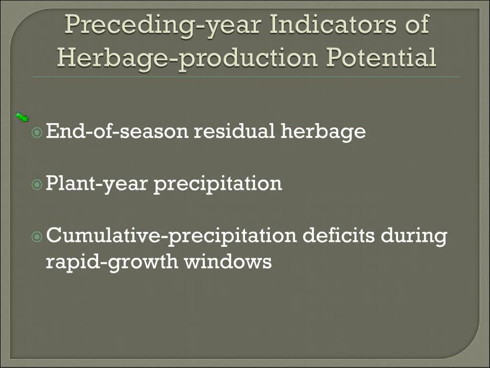Especially in a drought year, we need to drive or ride through all of our pastures this spring and take a look at the residual herbage that is out on that land. We need also to take a look at our plant year precipitation.